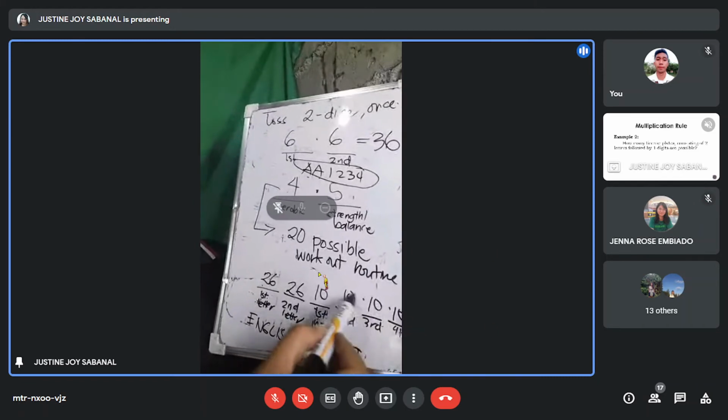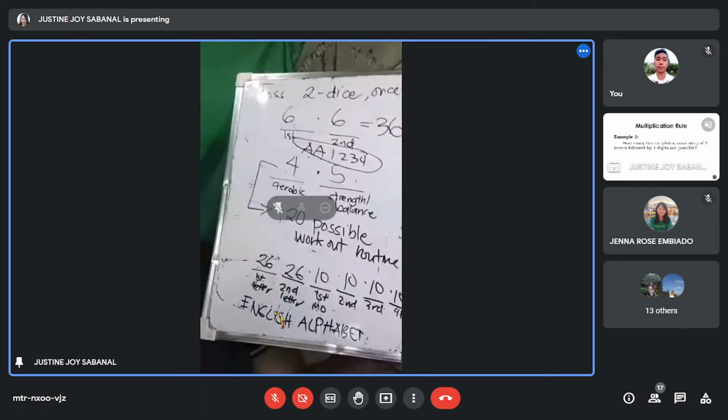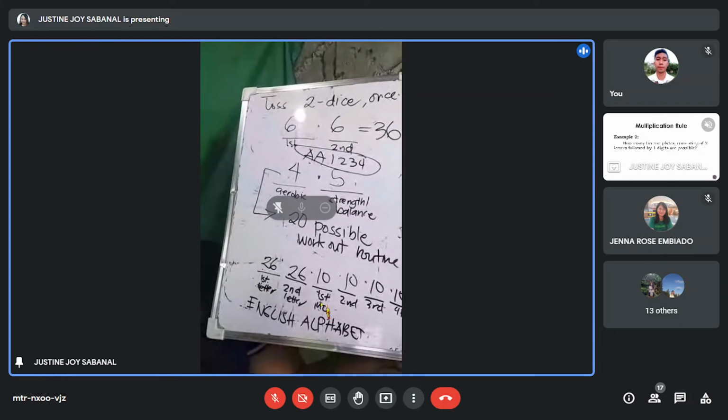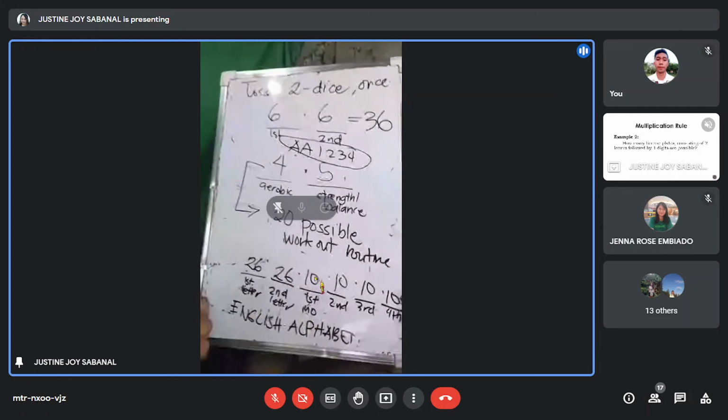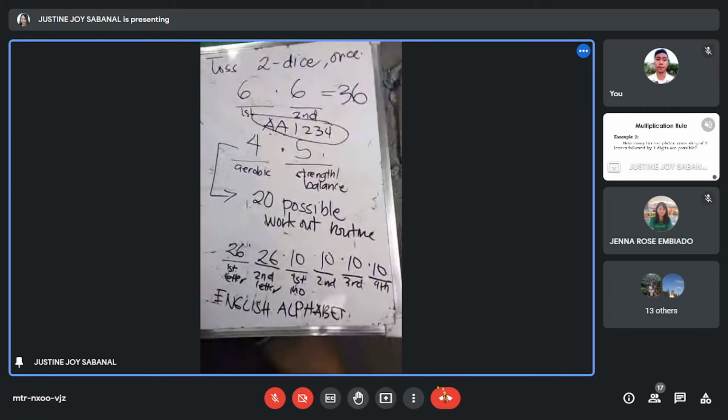So, after nyo ma-identify yung mga elements or options na pwede nating i-consider dyan, you just have to evaluate the operation.